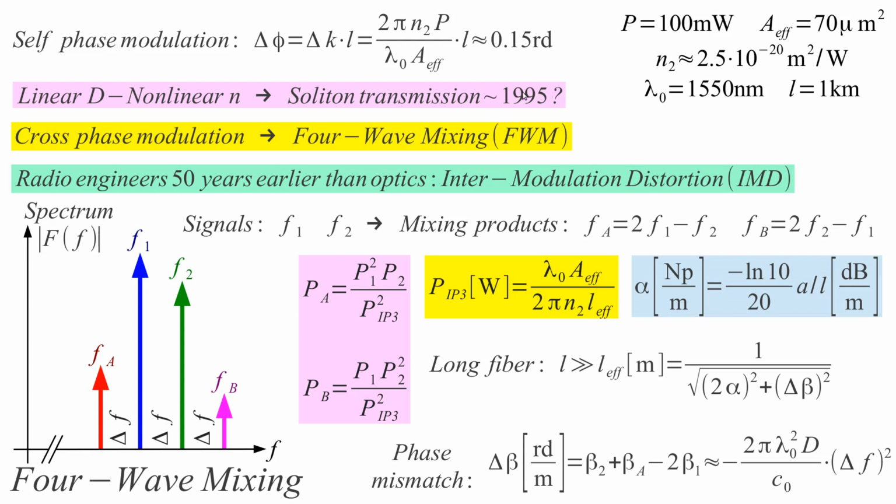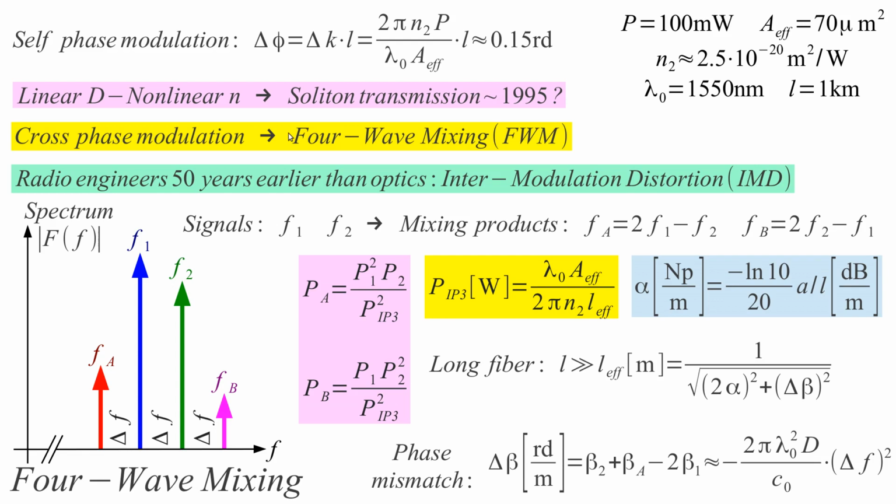Many laboratory experiments were done. Lots of money was put into experimenting with solitons, and no practical result came out. So this was something too difficult to make. So there was no useful use of self-phase modulation.